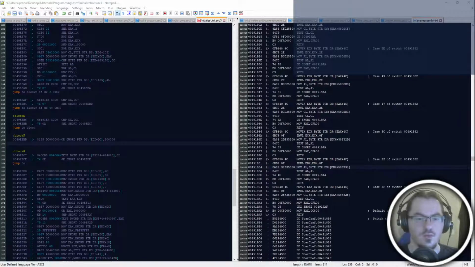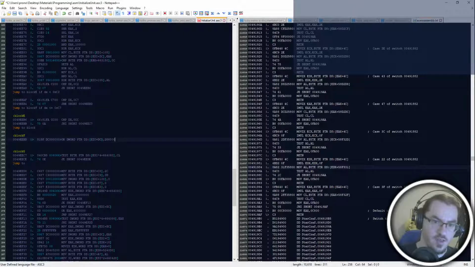Yeah, so this is where we would say, this is unit flags, which is no collision.